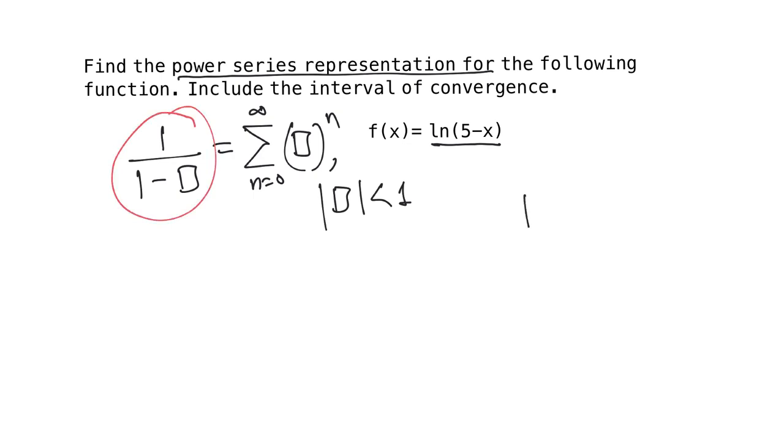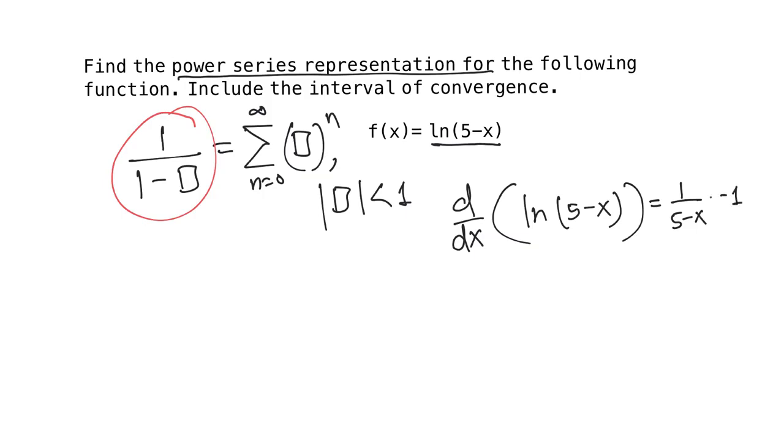So we have ln(5 - x), but this is not in the form 1 over (1 minus something), not a fraction. But we know that its derivative is 1 over (5 - x) times the derivative of (5 - x), which is negative 1. So the derivative of this function is this. That means the antiderivative of the right hand side is this.